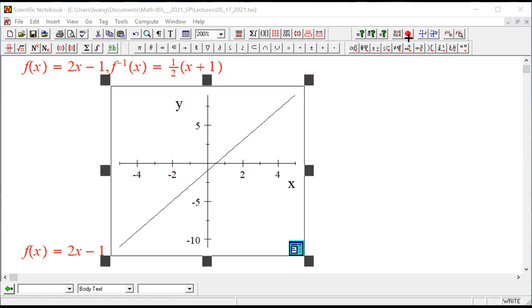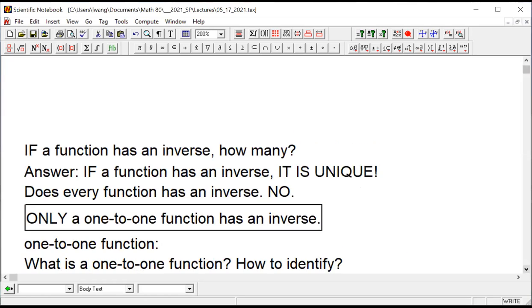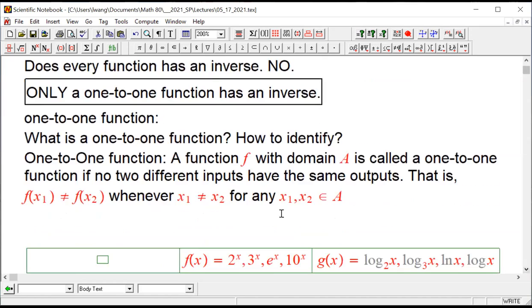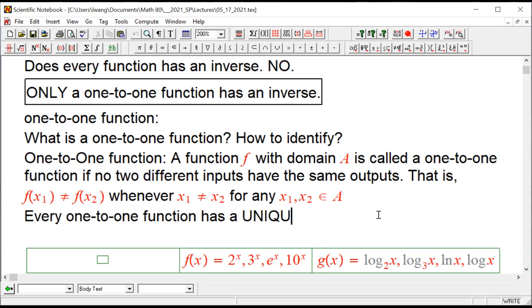Let's summarize this piece we talked about. Every one-to-one function has a unique inverse.